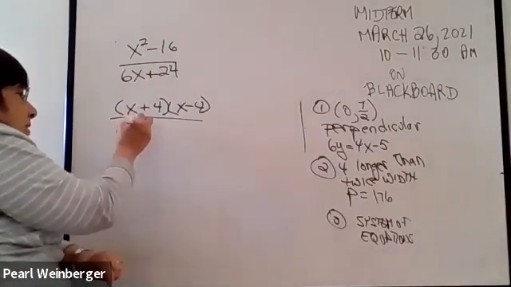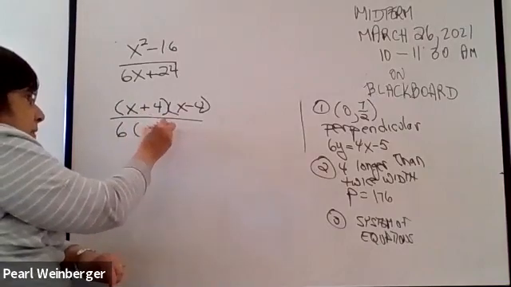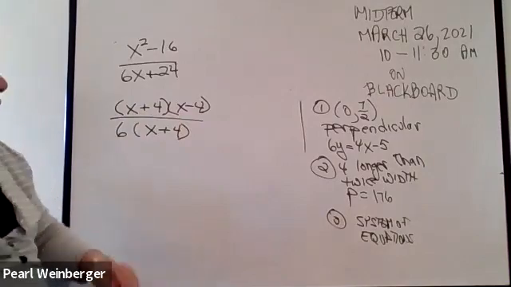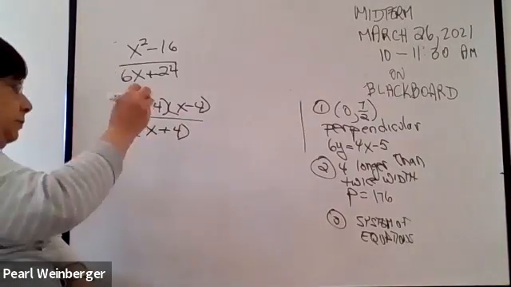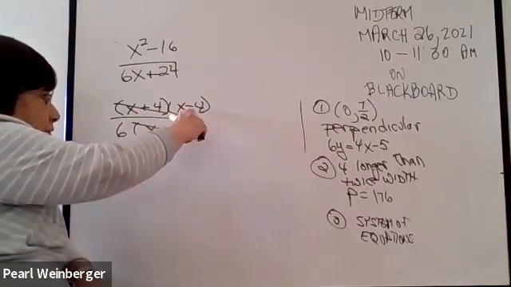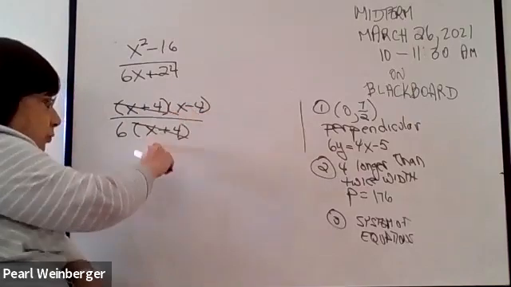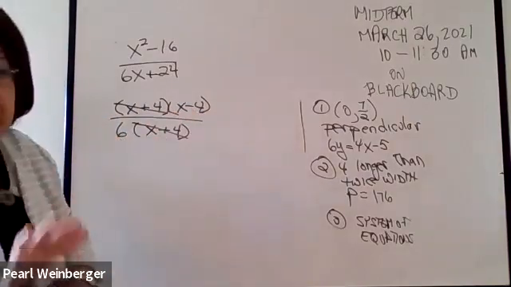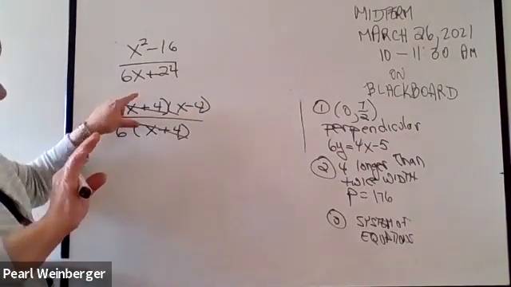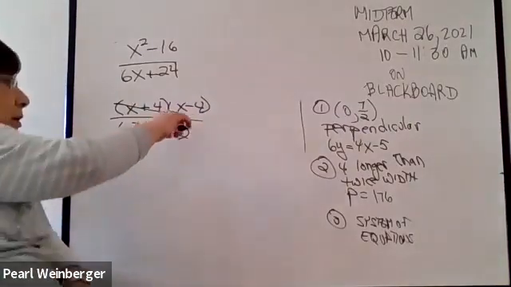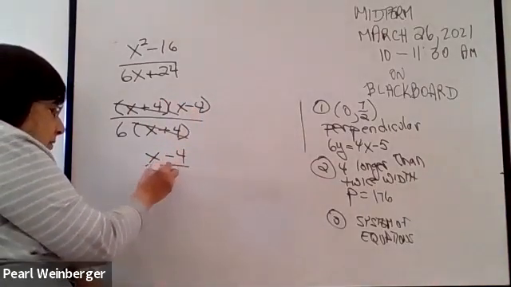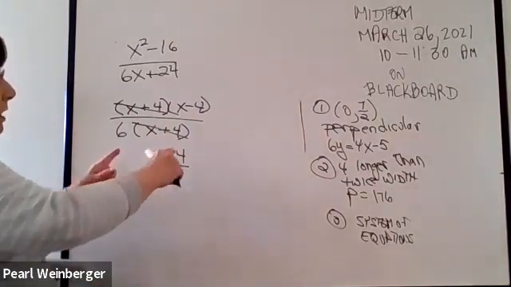So we have 6 on the outside and x plus 4 on the inside. And therefore, I can cancel out the x plus 4 with the x plus 4. Don't ever try to cancel out an x minus 4 with an x plus 4. It has to be the exact same binomial. What we're left with in the numerator is x minus 4 and 6 in the denominator.